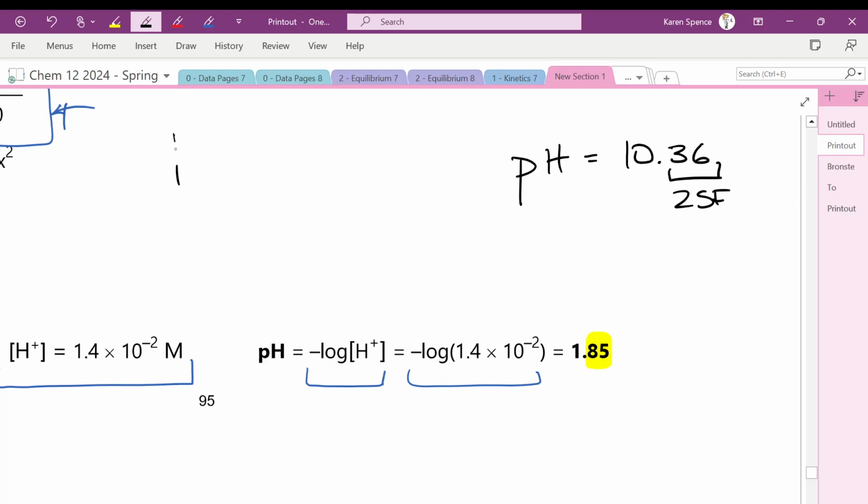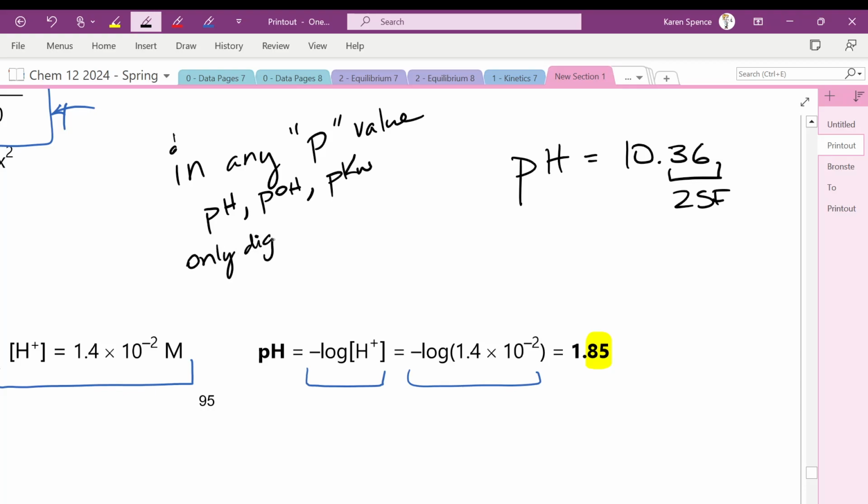In any p-value, so that could be pH, pOH, pKw, only digits after the decimal are significant. Now, if it's not a p-value, just go with your normal rules.